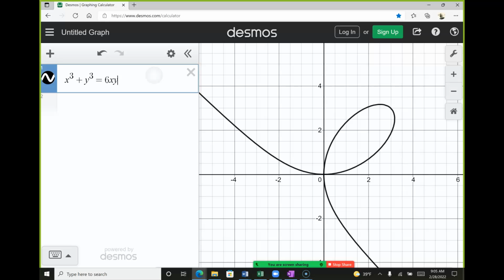So at 0, 0 is where I'm really interested in here. I think the book asked you about something else, but 0, 0 is where I think it's interesting, right? Because can you see the vertical tangent line? So what does that mean about the derivative if I have a vertical tangent line? What's the slope there?